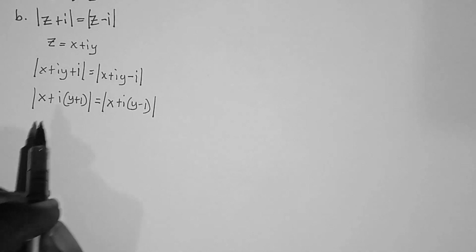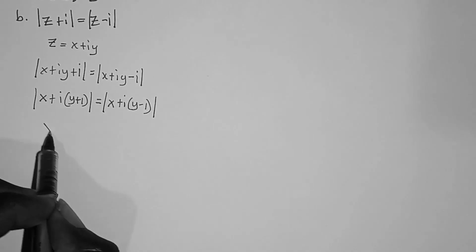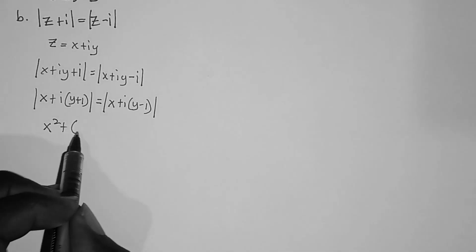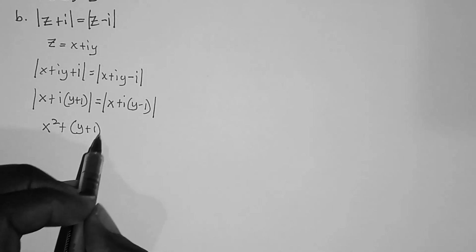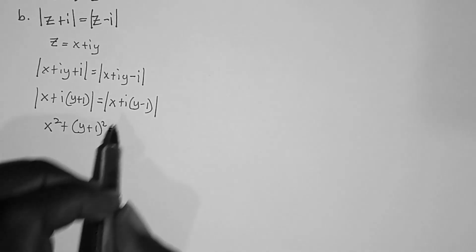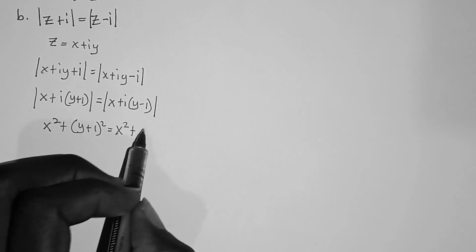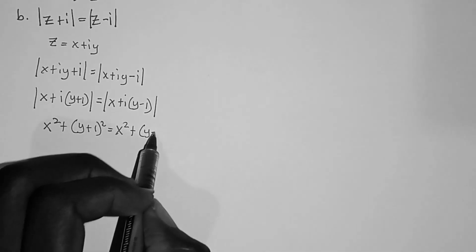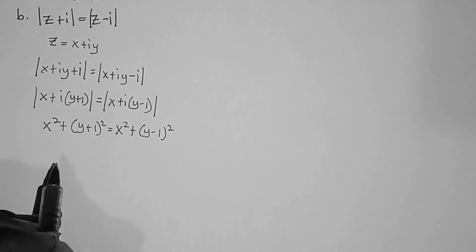So we will square the elements inside. So this becomes x squared plus (y plus 1) squared, and that is equal to x squared plus (y minus 1) squared.